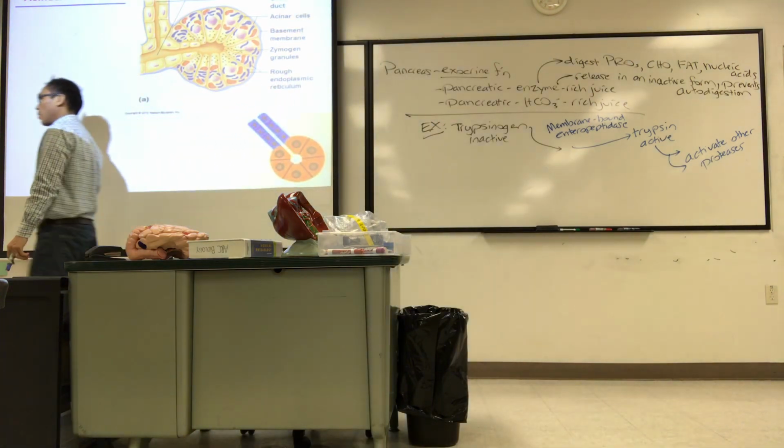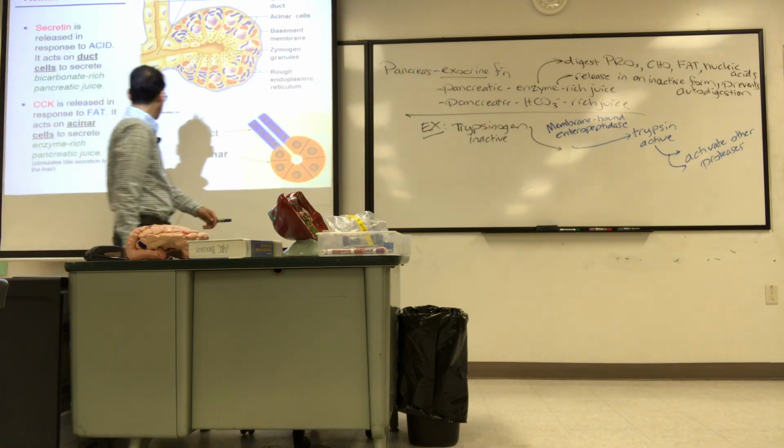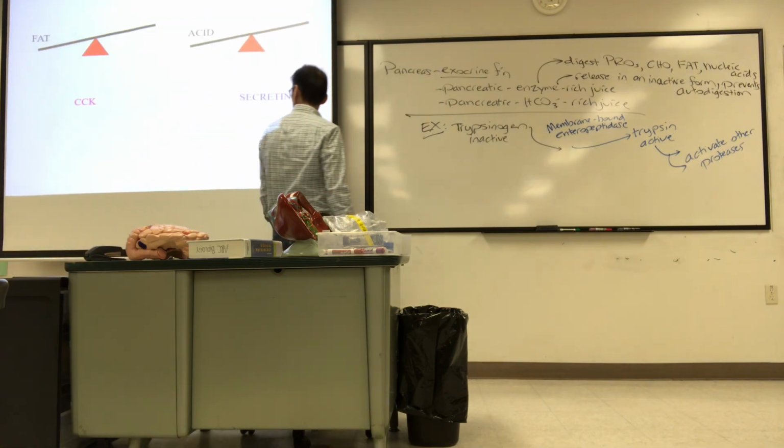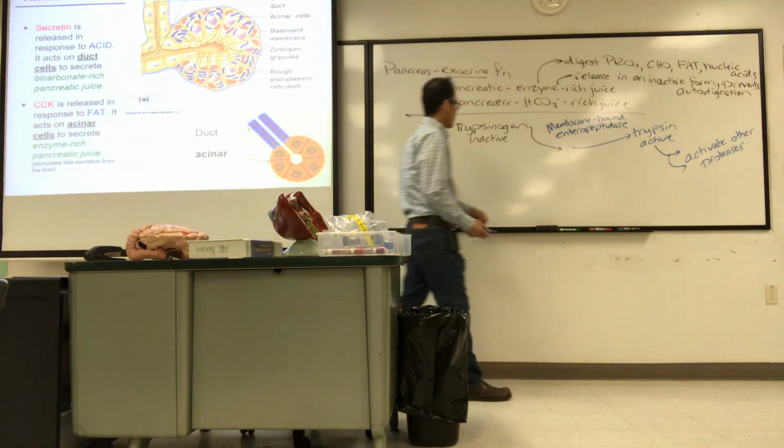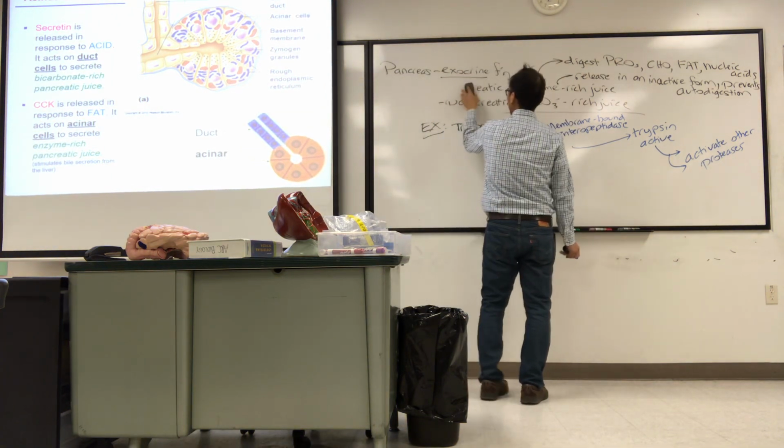Now, I do want you to know the histology of the pancreas, and it's called the acinar or acinus structure, which means shaped like a mushroom. Okay, that's kind of what you see here. So this is emphasizing the exocrine function.